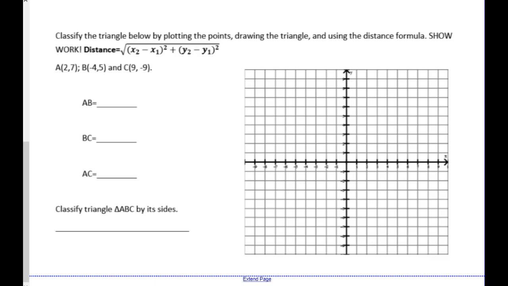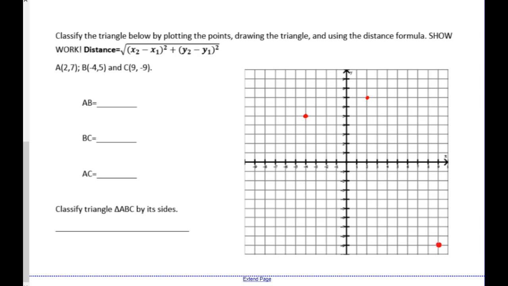So 2, 7 for A. Please remember it's X before Y. Horizontal before vertical. So 2, 7, negative 4, 5, and 9, negative 9.